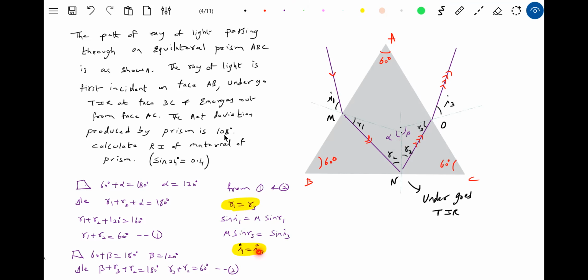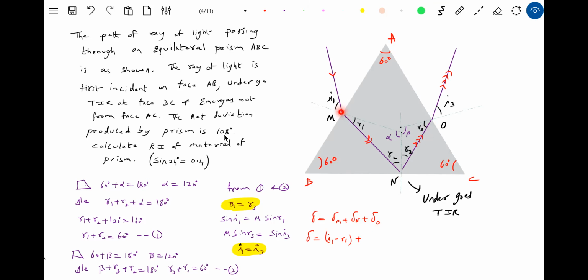Okay, then let's take help of the deviation. The net deviation should be equal to the sum of the deviations at M and O. The deviation at M will be I1 minus R1.